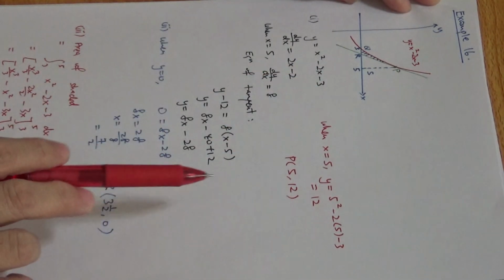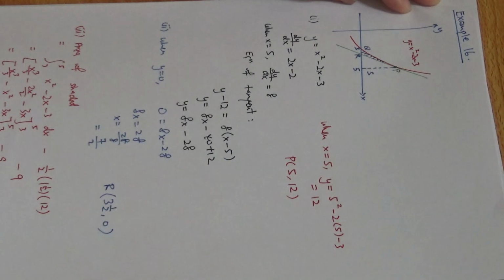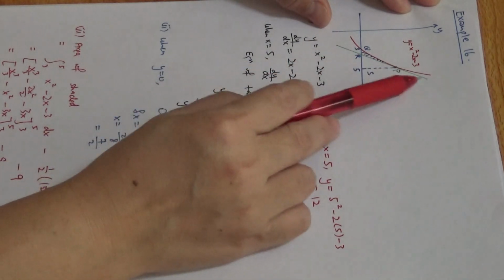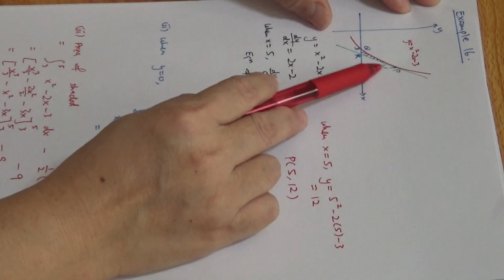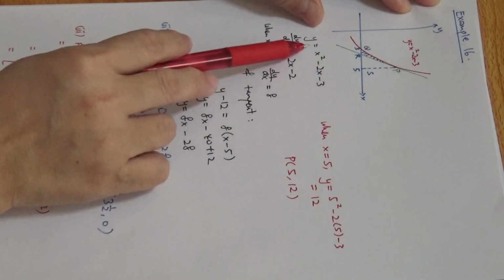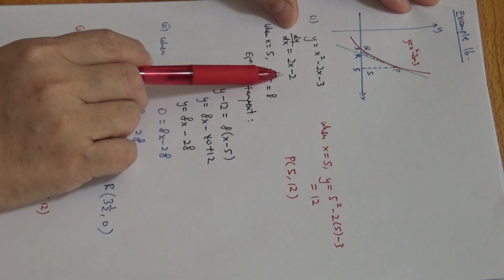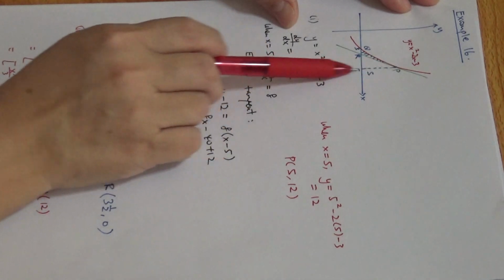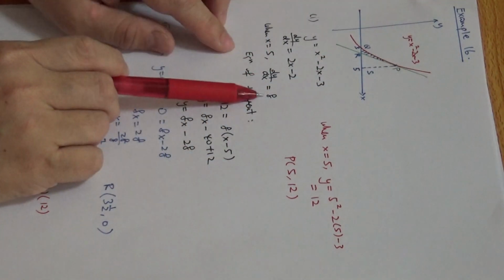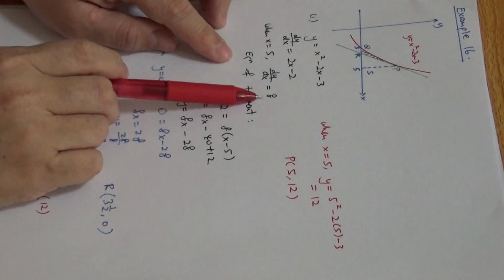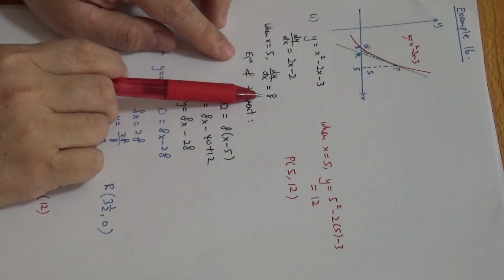the coordinates. Let me just check the question again. The first question is to find the equation of the tangent. They want to find the equation of this tangent, okay, this tangent here. Now y is this, so you find dy dx. Now you know that at this particular point P, x is 5, we sub in, we get the gradient of the tangent.